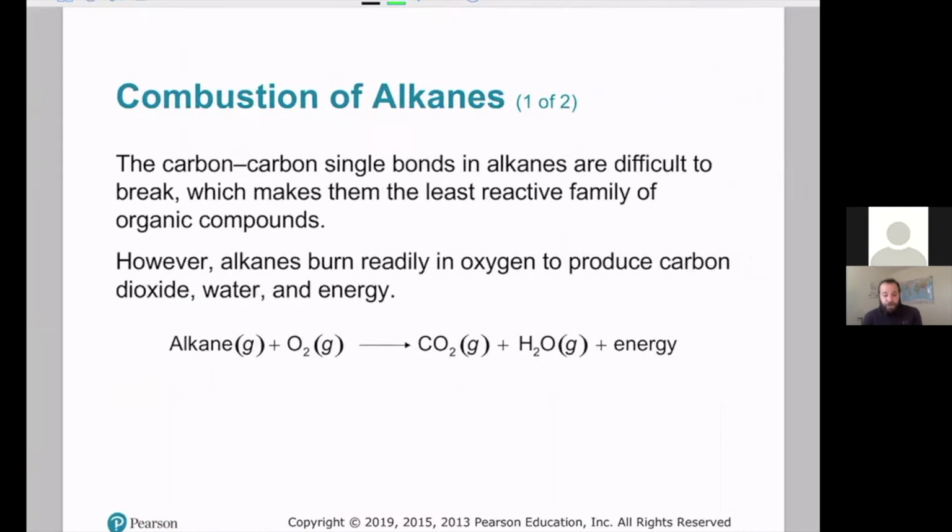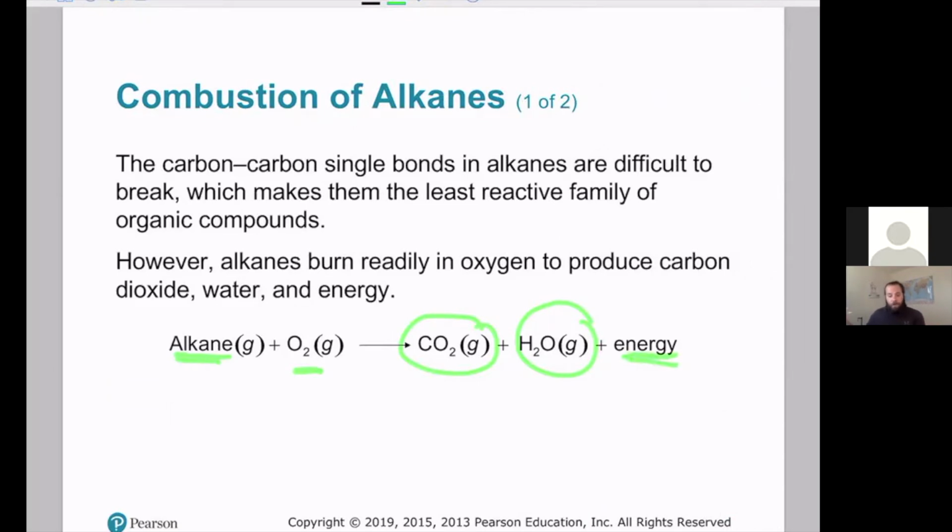Moving on to reactions. Again, the main reaction that we talk about when we talk about alkanes is the combustion reaction. And a combustion reaction is a very specific type of reaction where we take our alkane, a hydrocarbon, combine it with oxygen gas, and it produces carbon dioxide and water. These reactions are used very widely throughout the world because they also generate a lot of energy.